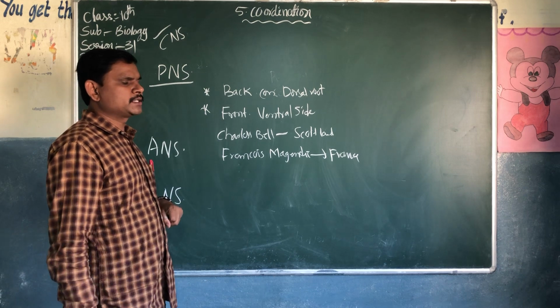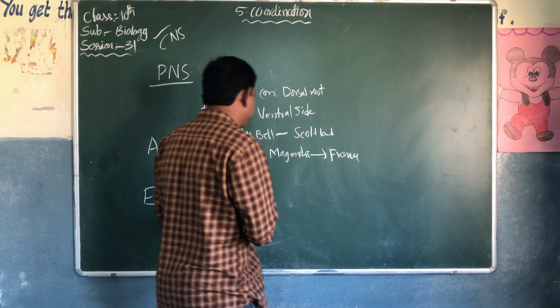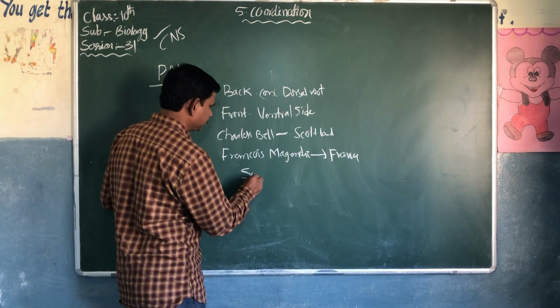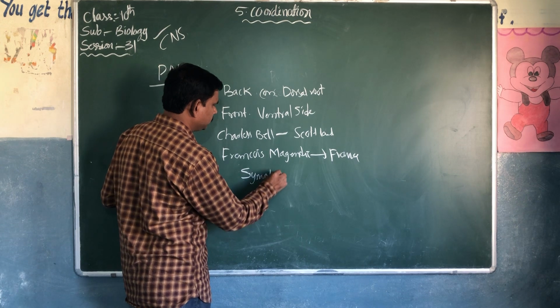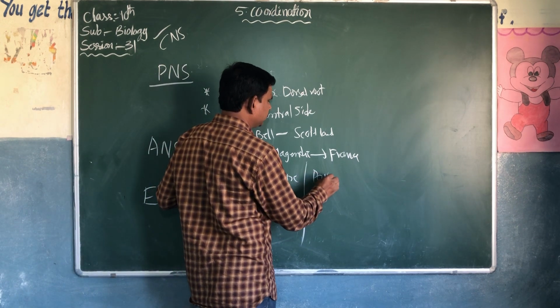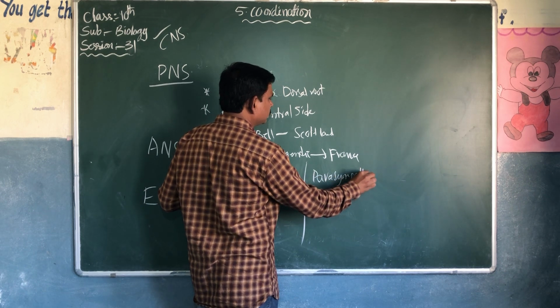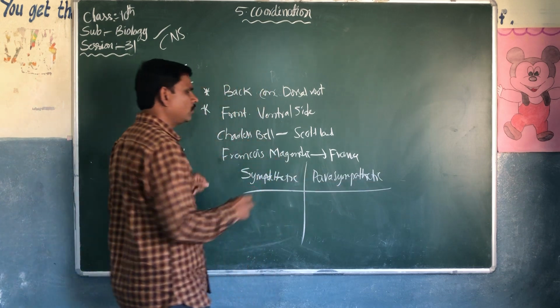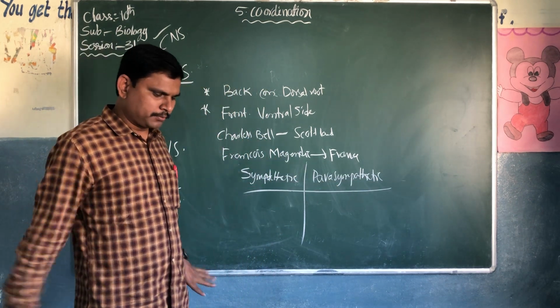In the autonomous nervous system, we can see sympathetic and parasympathetic. Both are involuntary movements that happen in the body.